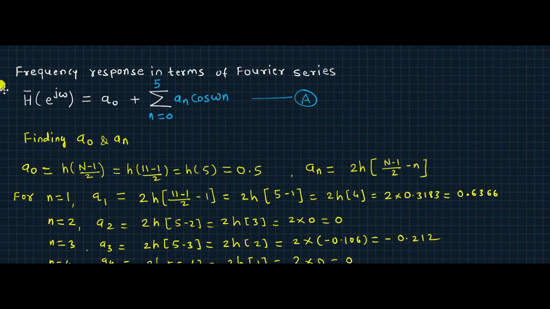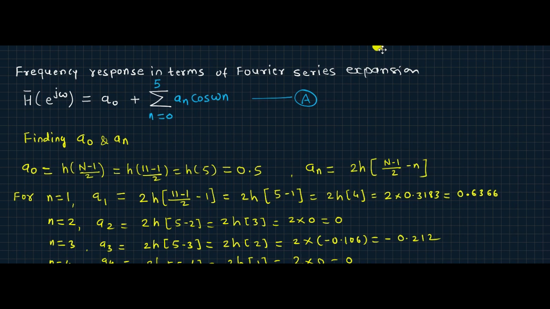Next, the frequency response in terms of Fourier series expansion. So we have completed obtaining the coefficients in terms of impulse response. Now we have to write the frequency response in terms of Fourier series expansion.